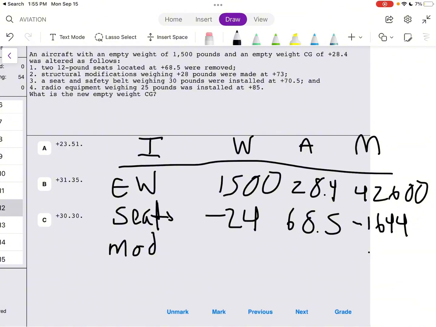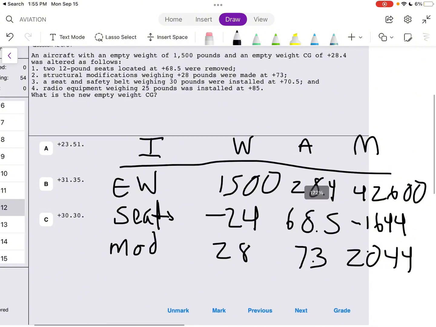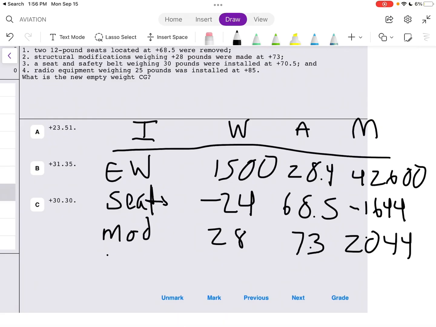All right, so the mods. So there were structural modifications weighing an additional 28 pounds at station number 73. So we're going to multiply 28 times 73, and that will be 2,044. So a seat and a safety belt weighing 30 pounds were installed at station number 70.5. So I'm just going to put S and S. It doesn't matter what we put in the item, just as long as it's organized. So 30 and 70.5.